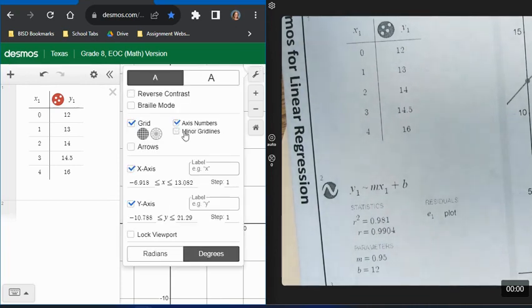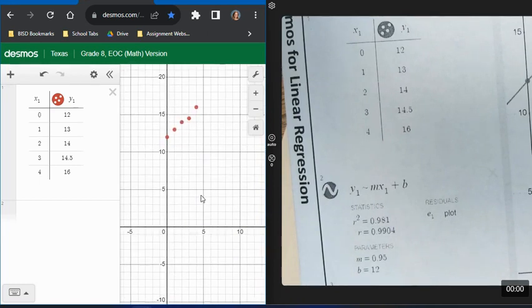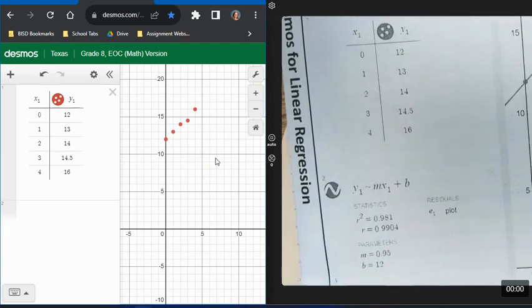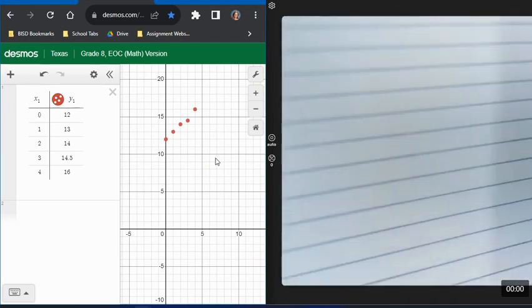You can turn back on the minor grid lines if you want, either way. But that's how you can make sure that you can see all the points really well. All right, let's go back to our instructions.